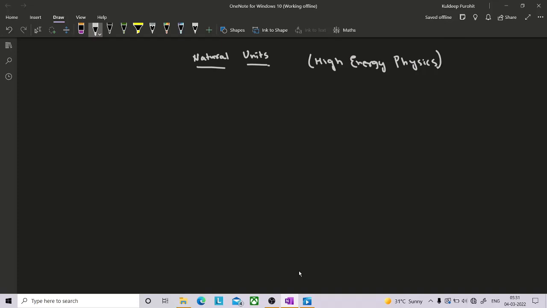When we go to the very early universe, it is a very hot and very compressed state with very high energy, because as you go back in time the temperature of the universe increases, and as the temperature increases the energy also increases. So in the early universe, things were of very high energy.